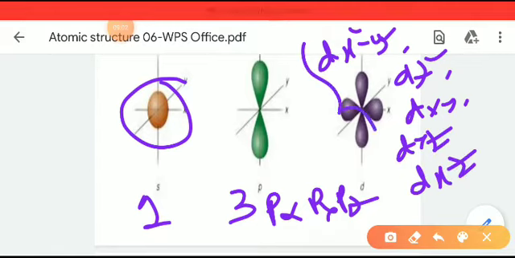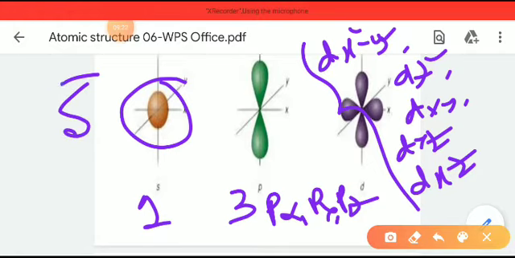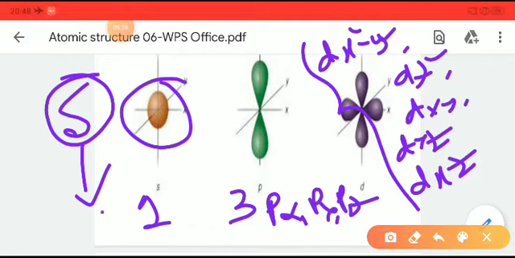These are the 5 D suborbitals. In case of P, it is split into 3 subunits, Px, Py and Pz. But in case of S, there is only one S. S is not split into anything. P is split into 3 subunits, and D is split into 5 suborbitals.